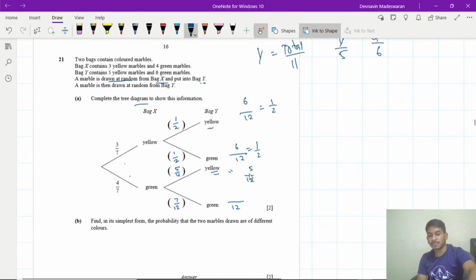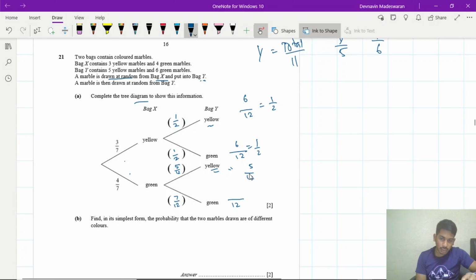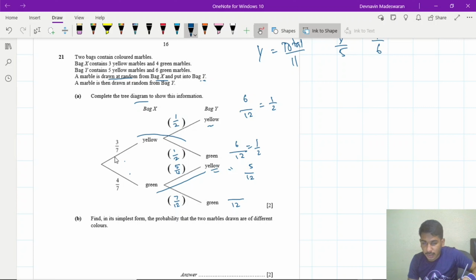Find, in the simplest form, the probability that the two marbles drawn are of different colors. Both marbles are different. So this line and this line. So we need to multiply these two together, like the probability that it is green yellow and the probability that it is yellow green, and then we add them together.